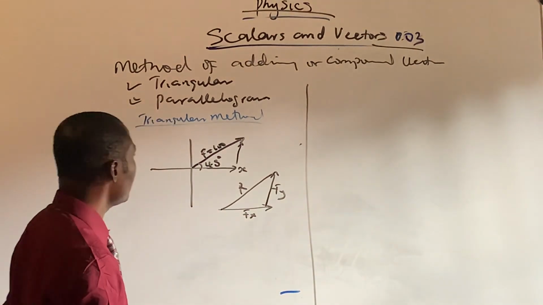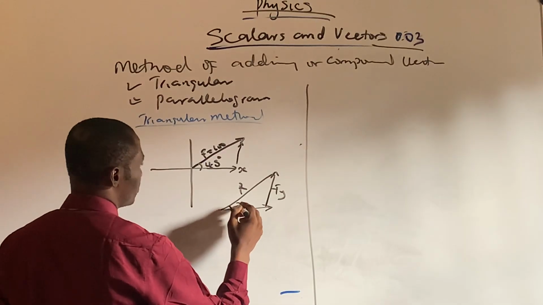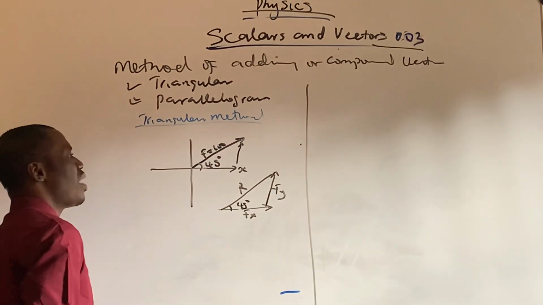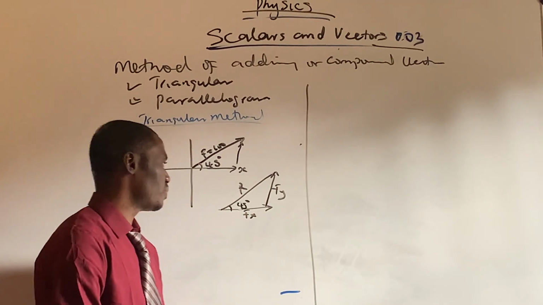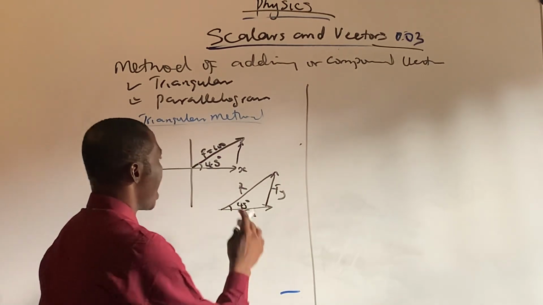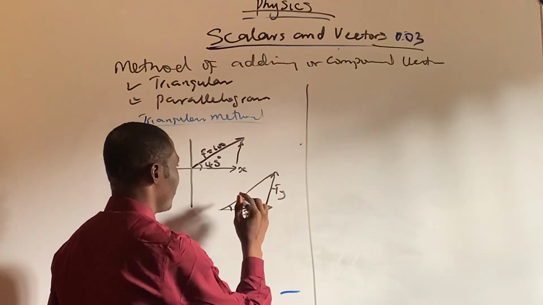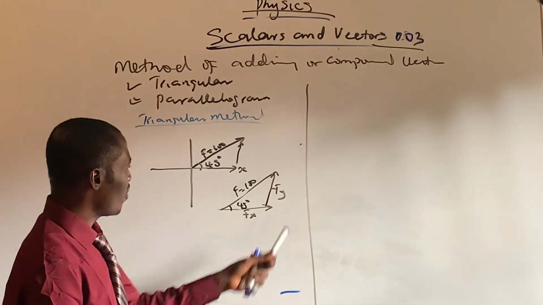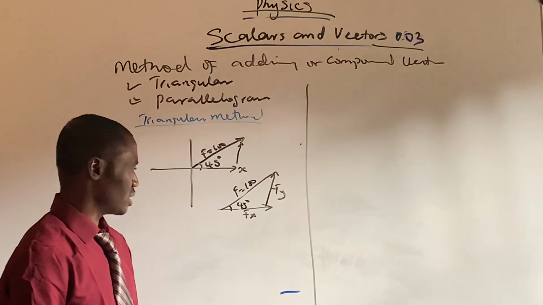Now, the angle is given to us to be 45 degrees. Whenever you have this illustration, the angle is given and the force, which is the resultant vector F, is given to be 100. How do you find those component forces?